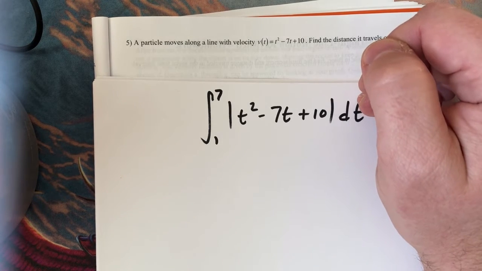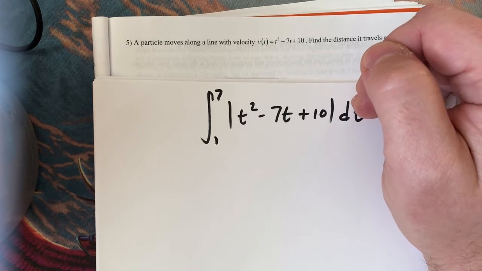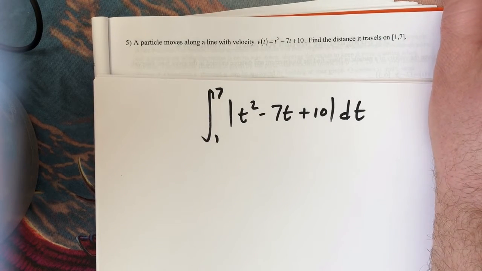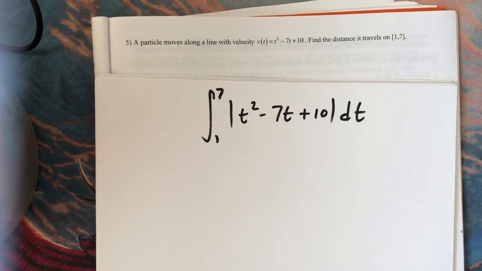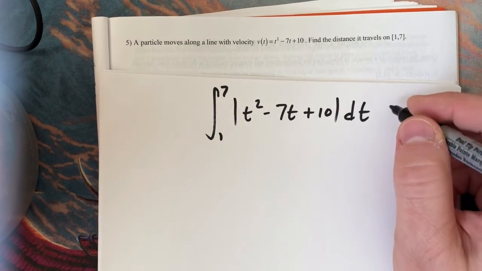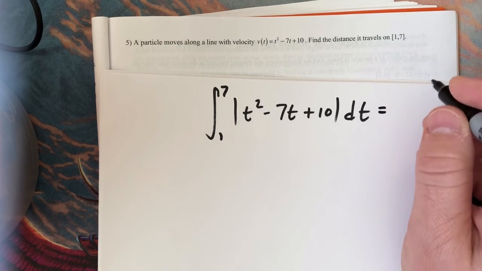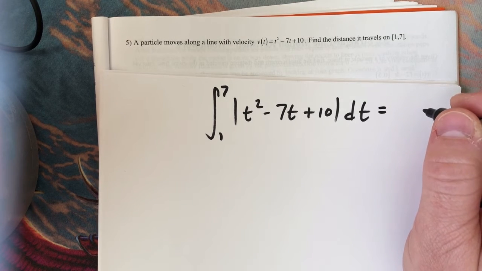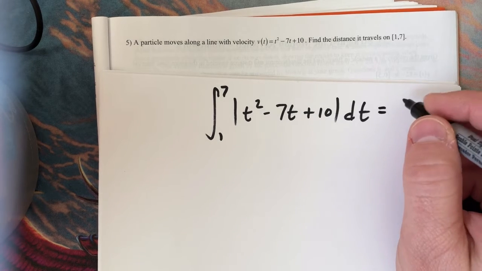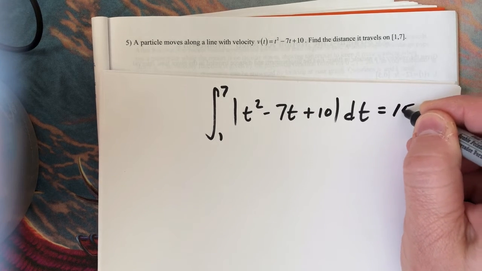The distance should be more. So if I did this right, I should get more. I got 15. And there's a bunch of decimals after, but it was a whole mess of zeros, and then the decimals started showing up. So I think it's rounding error on the calculator's part.